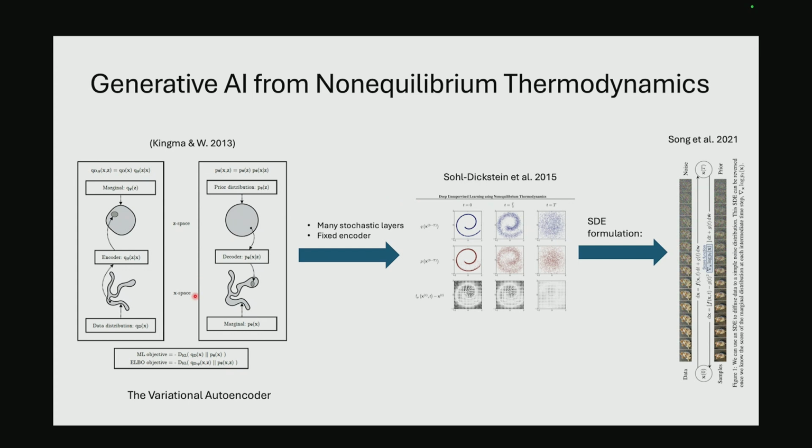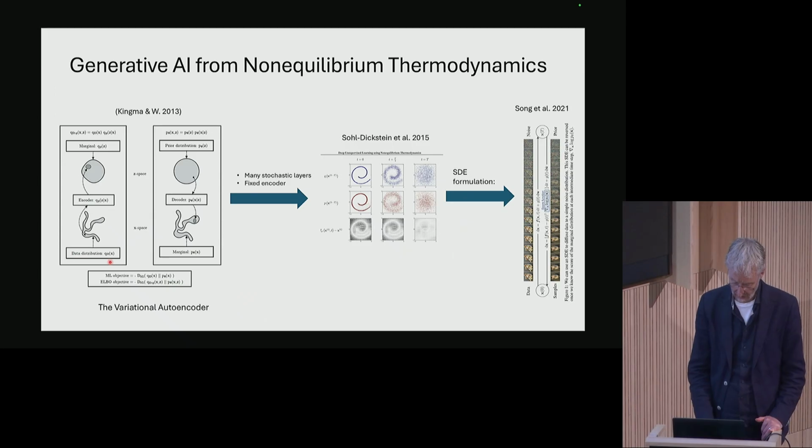To give a little bit of background on where that came from: in 2013, we developed the variational autoencoder. It's a model where you start with an input distribution, which could be images.